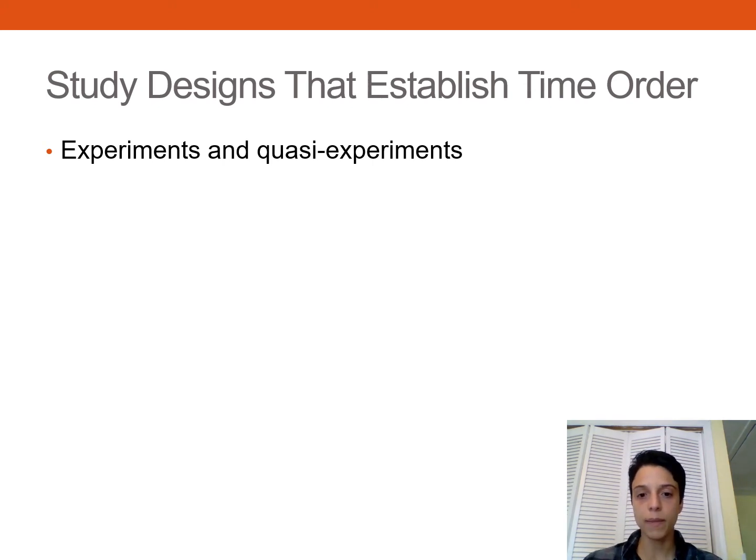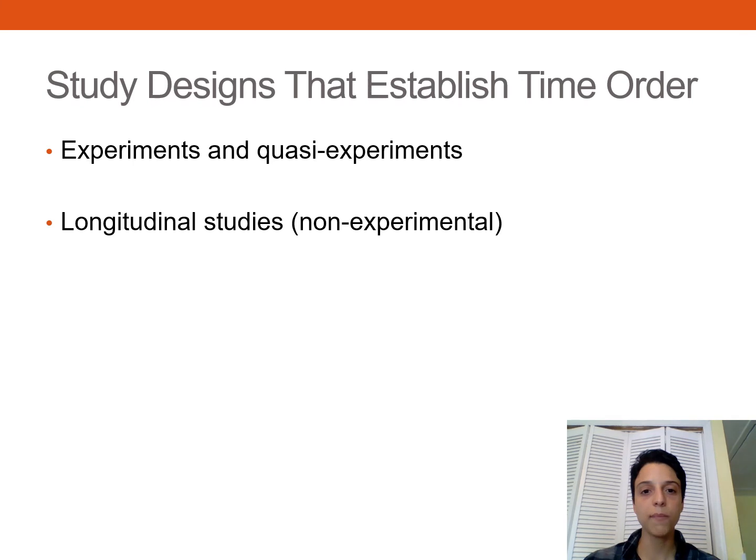In a quasi-experiment, you're not randomly assigning any sort of treatment, but usually you're looking at something that's happening in the world and measuring effects before and after. So the time element of that is often built into a quasi-experiment. So if you have something like that, you can establish time order because you know when the thing you're interested in happened, you know when your independent variable happened, and you can measure your dependent variable at a later time.